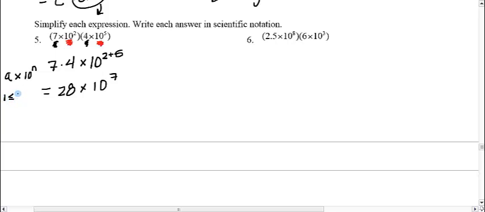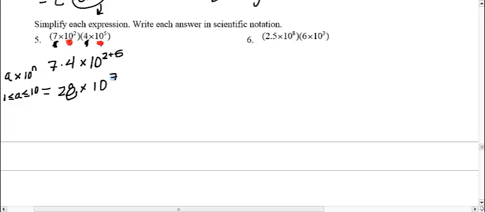That first value has to be between 1 and 10. That's what we learned. So to keep that true, 28 does not fit. To make that fit, we're going to have to move this decimal place over 1 to make it 2.8. When it's 2.8, it will be in scientific notation. Now let's look at this value here to help us out.